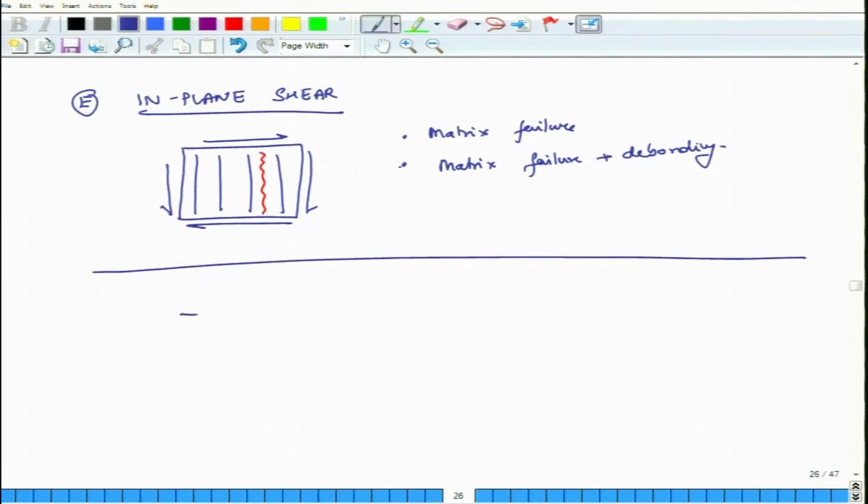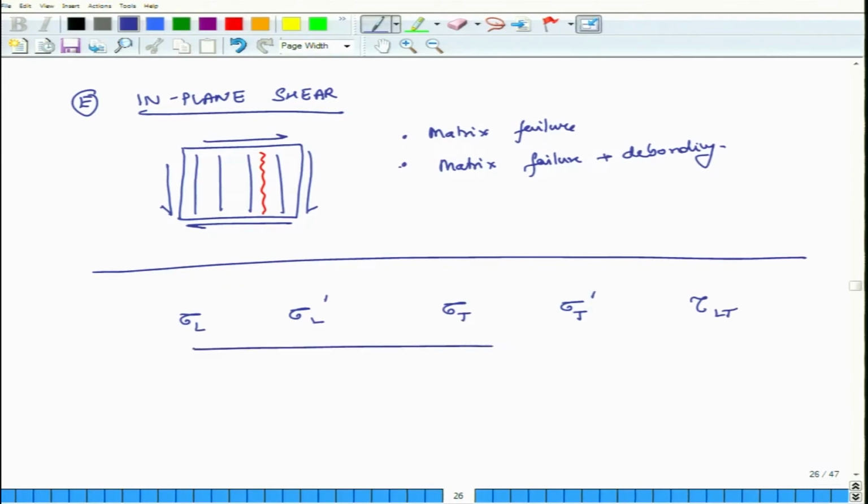In first case we had applied sigma L, second case we had applied a compressive longitudinal stress, third case we had applied transverse stress in the tensile direction, fourth case it was transverse compression, and the fifth case was tau LT.